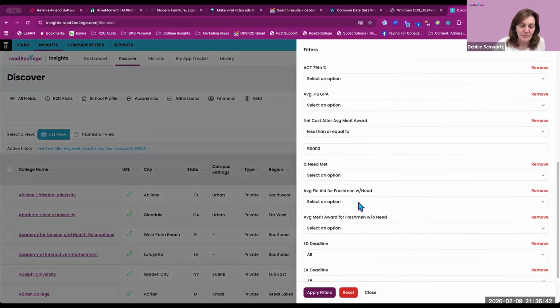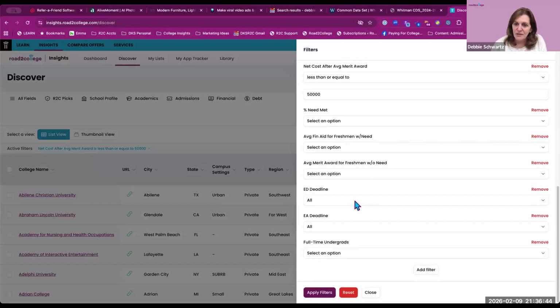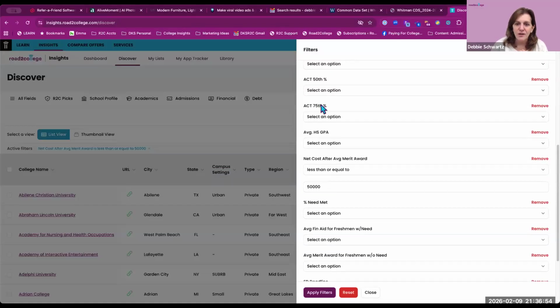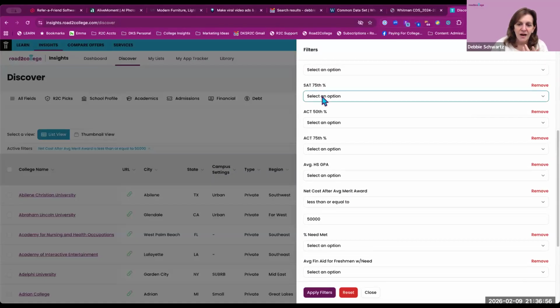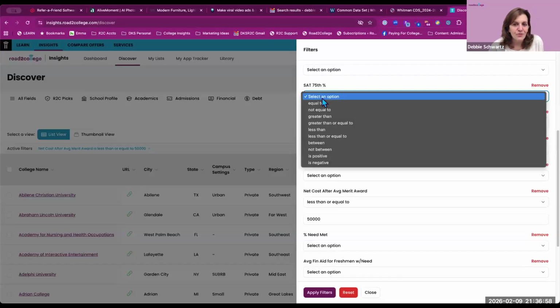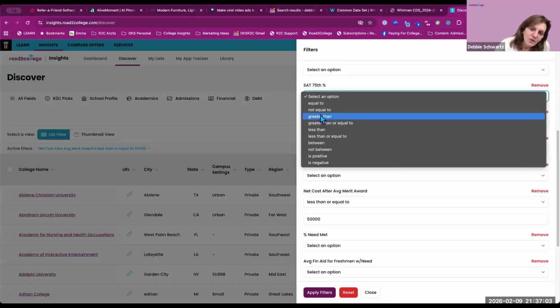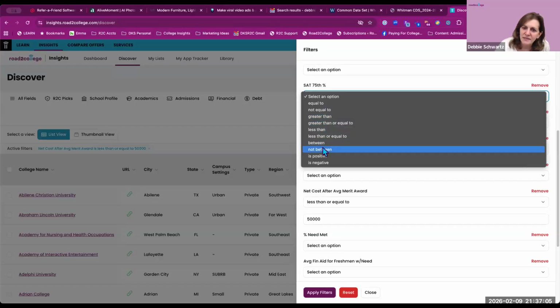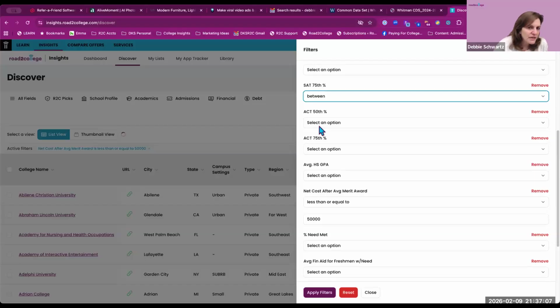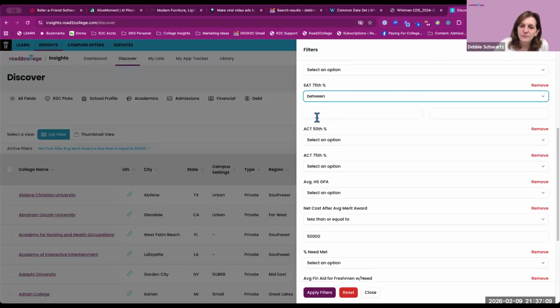But now I want to put in my student's stats, because I want to find the best colleges that are going to appreciate whatever stats my student might have. Let's say that my student has a 1350, so I want to find where the SAT 75th percentile is between 1300 and 1400.